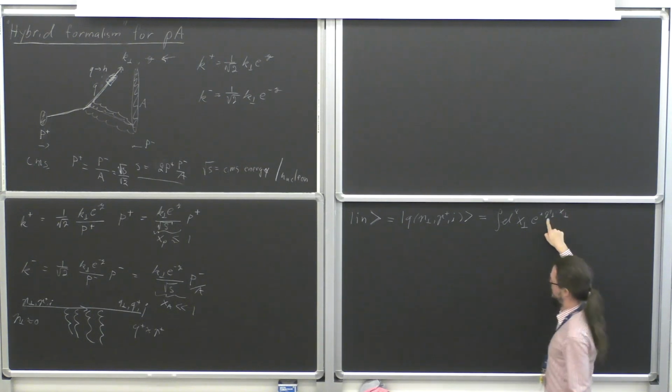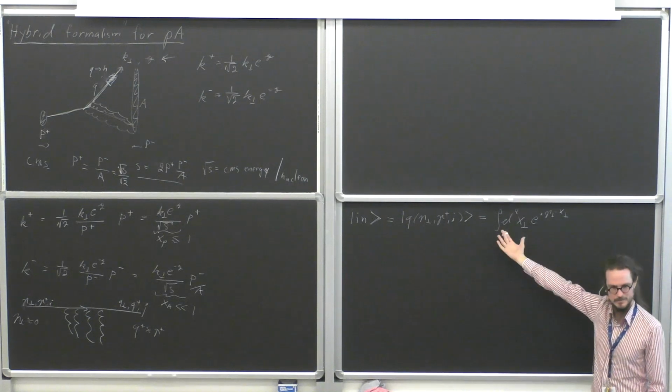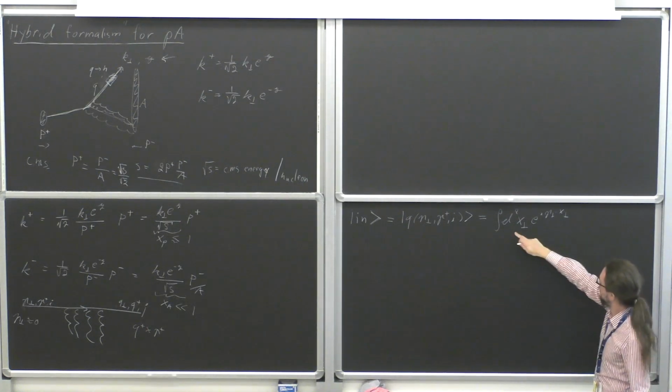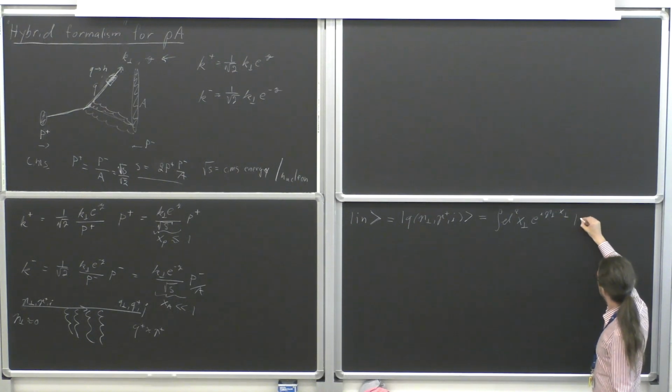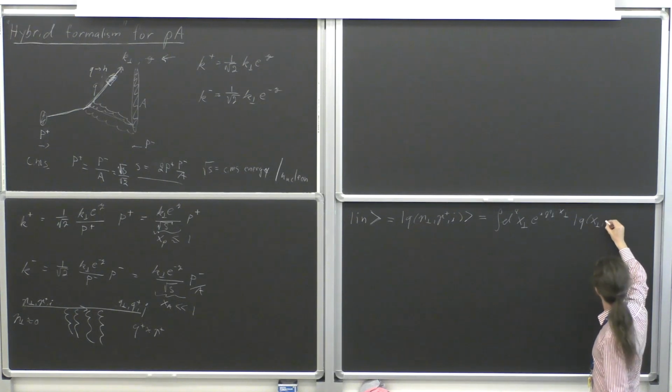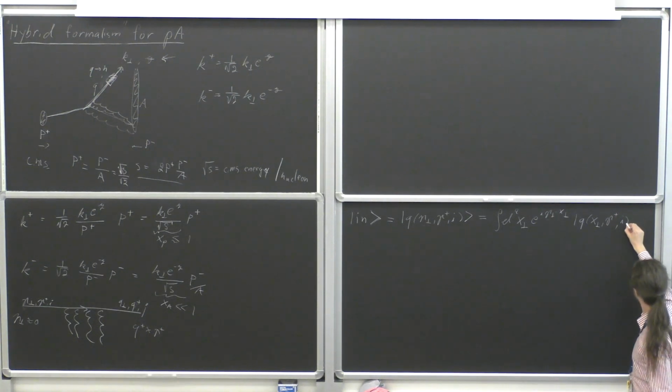I'm keeping the P perp, which is going to be 0 in the end, just to make this structure a little bit clearer. It is a linear superposition of quark states with a transverse coordinate, but still a longitudinal momentum and color I.